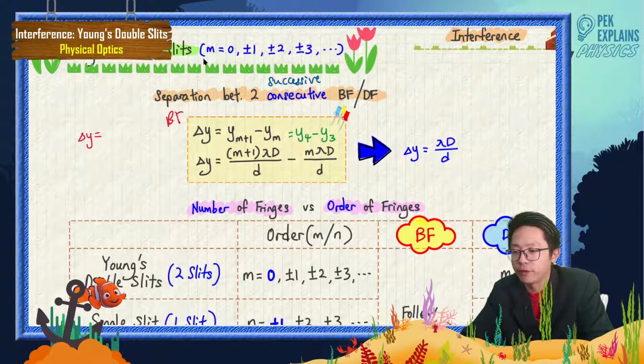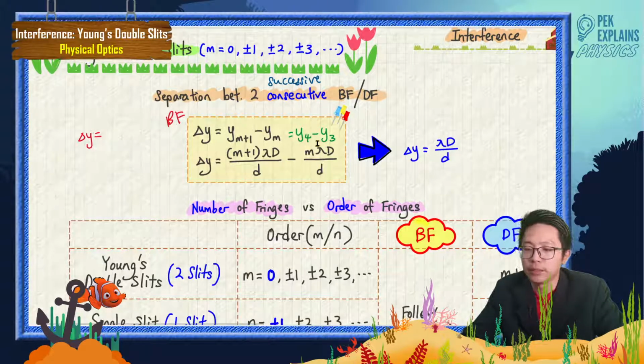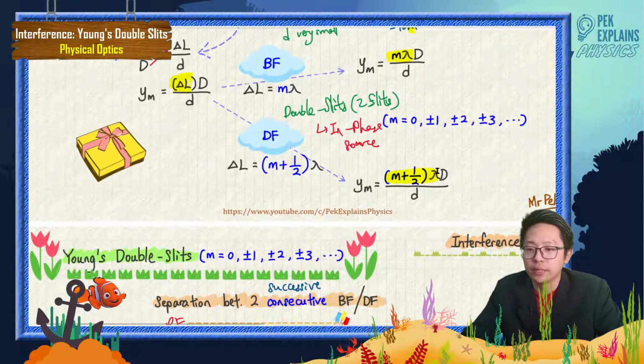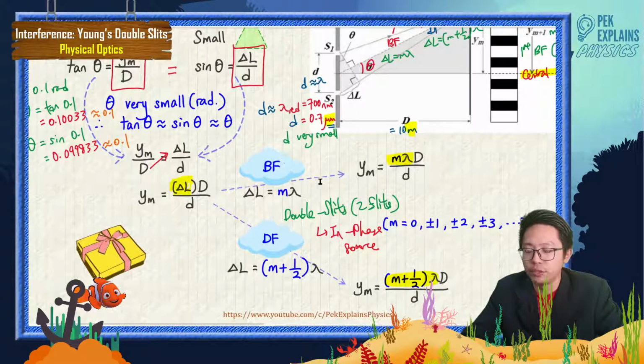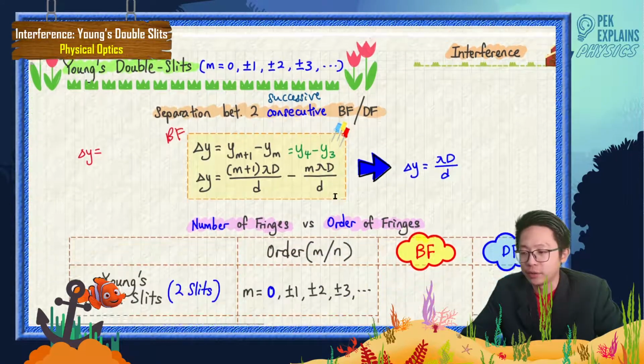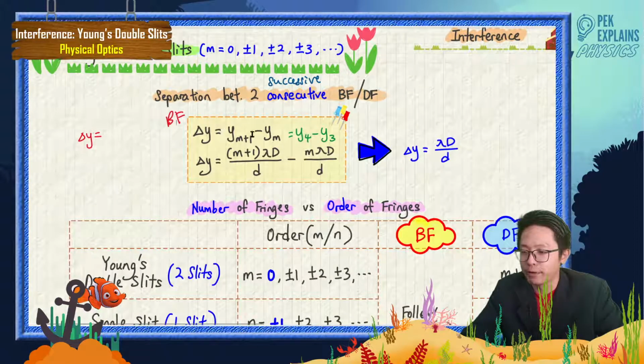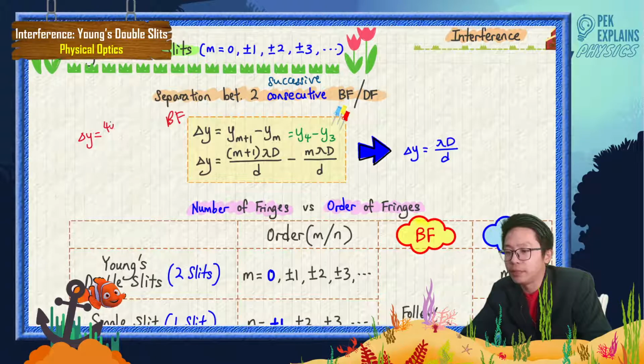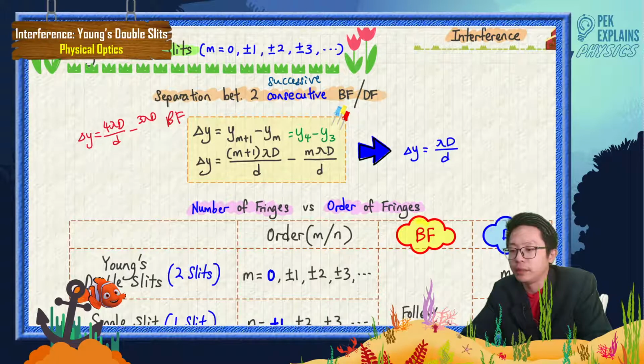We are using the bright fringe formula, because it's in terms of m lambda. m lambda is for bright fringe. So if I take m equal to 3, then m plus 1 is equal to 4, so it's 4 lambda D over d minus 3 lambda D over d.